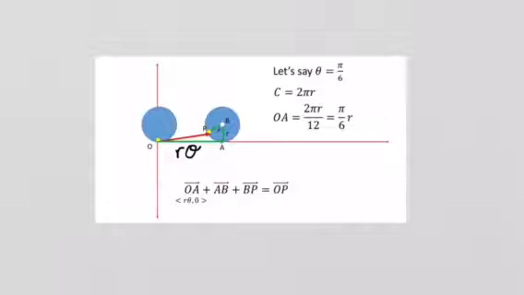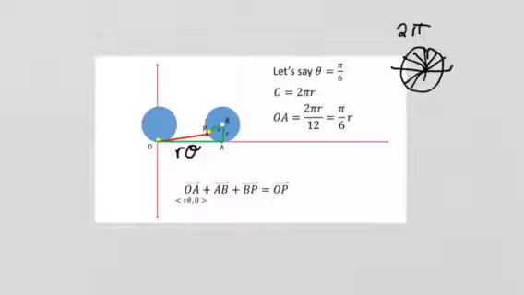So let's just pretend that theta is pi over 6. We know that the circumference of the entire circle is 2 pi r, right? So if we've only gone pi over 6, how much of the circle have we covered? Well, if we recognize that the whole circle is 2 pi, how much does a pi over 6 chunk represent? 1, 2, 3, 1, 2, 3.